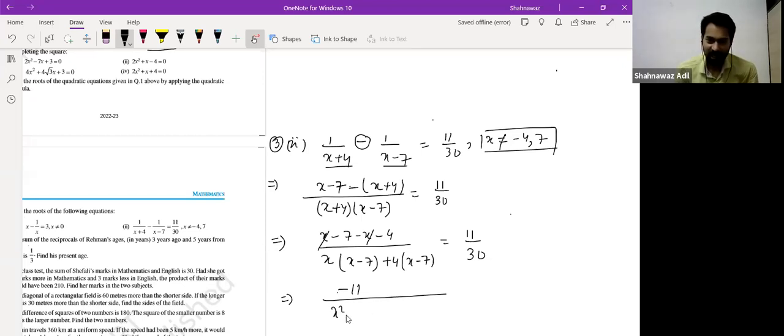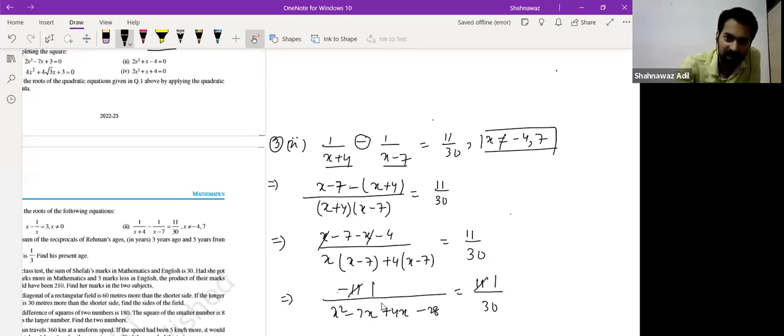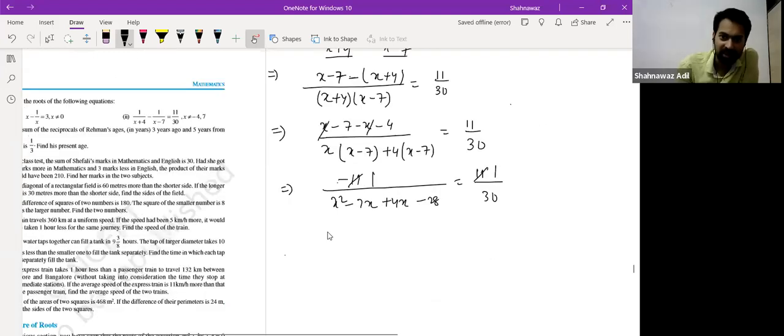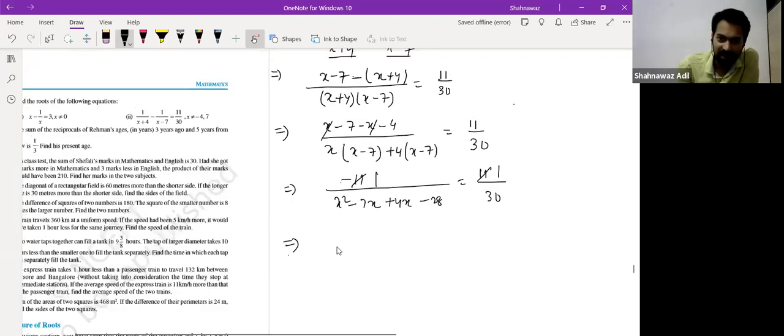So x square and minus 7x plus 4x minus 28, right? And just 11 cancel each other, right? So this is 1 and this is 1. So this will become minus 1 by x square minus 3x minus 28, and this is 1 by 30.